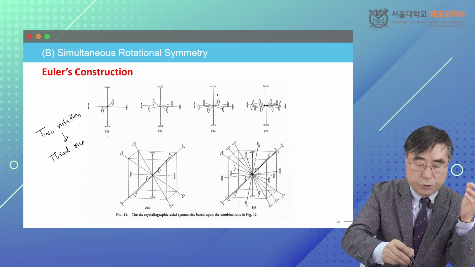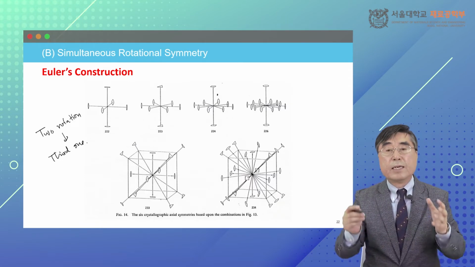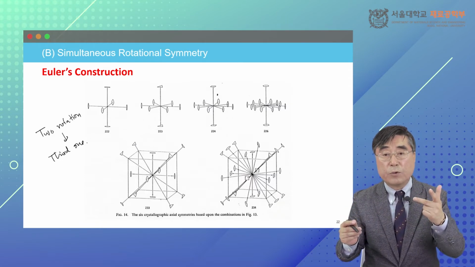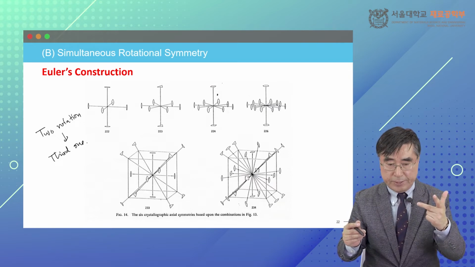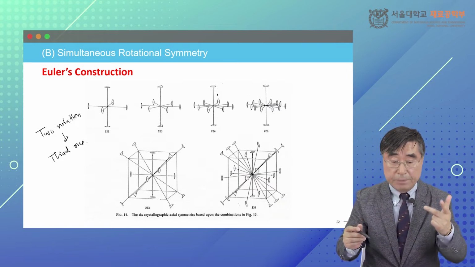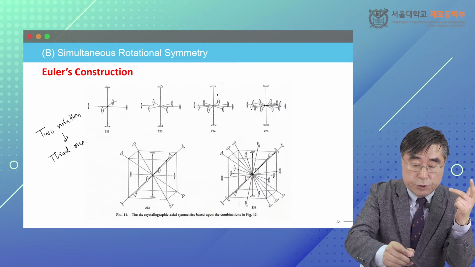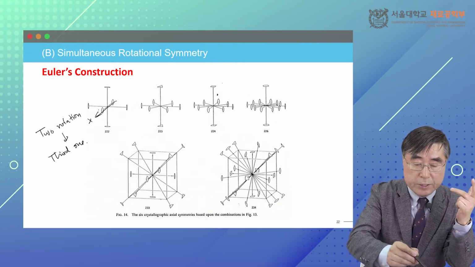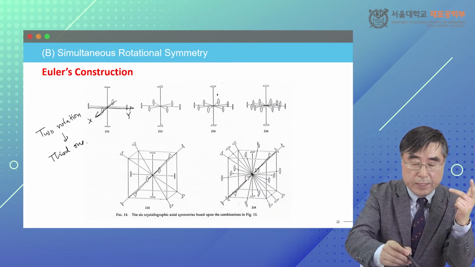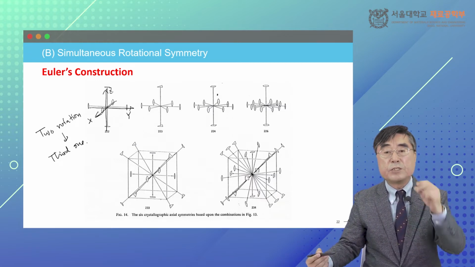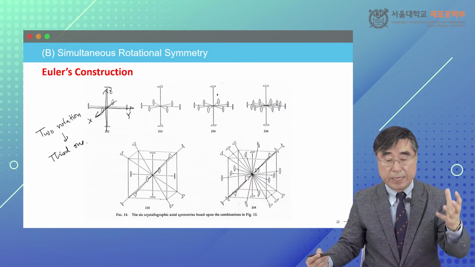One is 2, 2, 2, which means that all three axes have twofold symmetry, and at the same time these axes should be perpendicular to each other: the X-axis, Y-axis, and Z-axis perpendicular to each other. This is the only case where it can match.